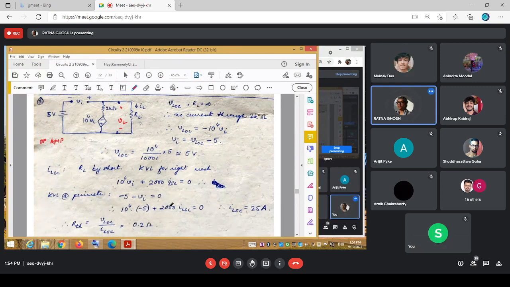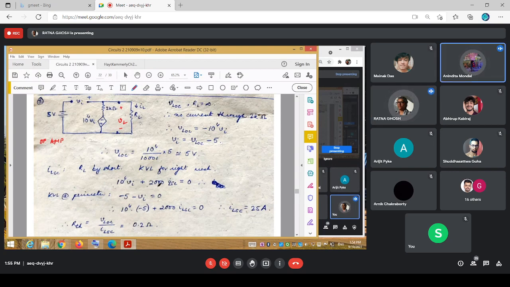This one became 0 because you're talking of a short here now. So you just solve using these two relations, and you can substitute.